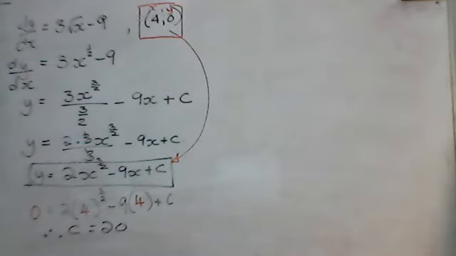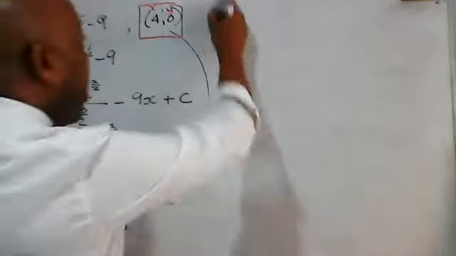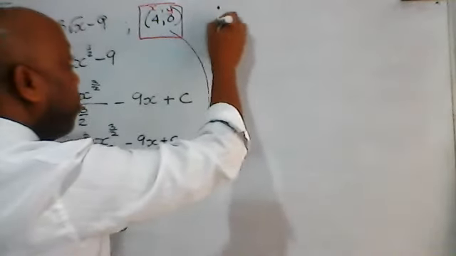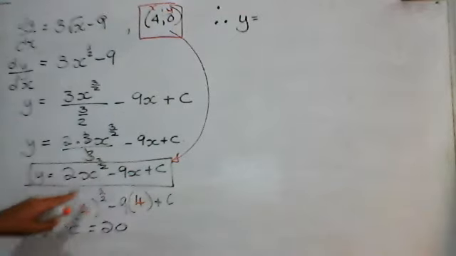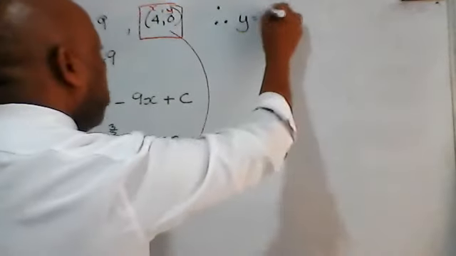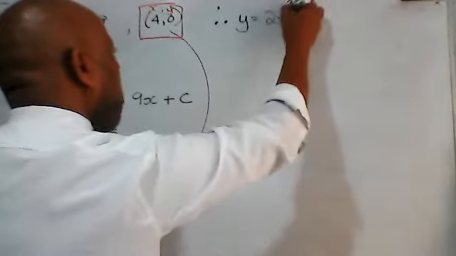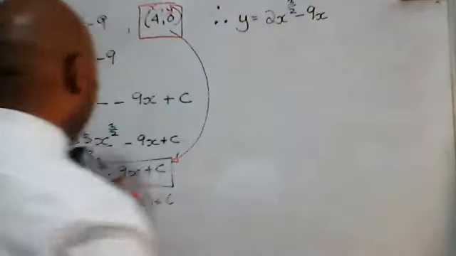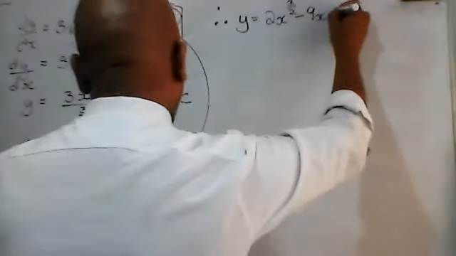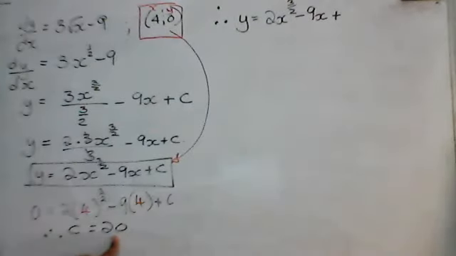Now rewriting the whole thing with c in the equation will give you a specific solution. Therefore, y is equal to 2x to the power 3 over 2 minus 9x plus c, which is 20.